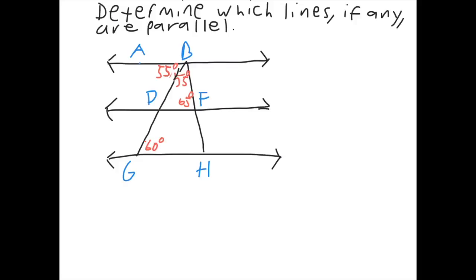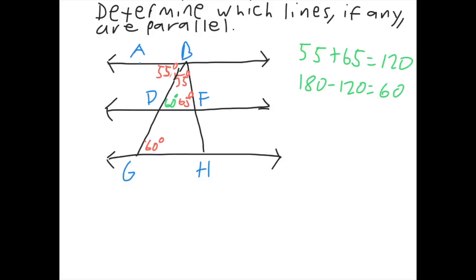In that triangle we have two angles, 65 degrees and 55 degrees. So using that we can find the third angle. We say 55 plus 65, which is 120, and then 180 minus that, which is 60. So this angle right here is 60 degrees.